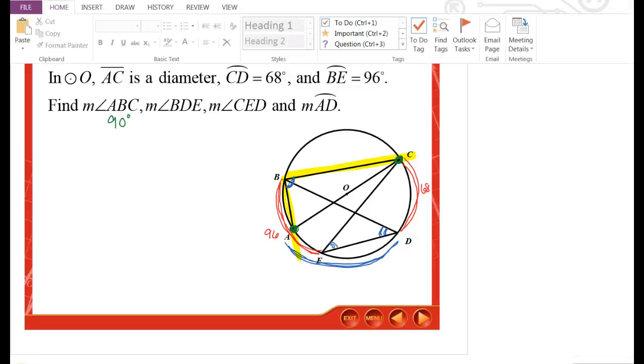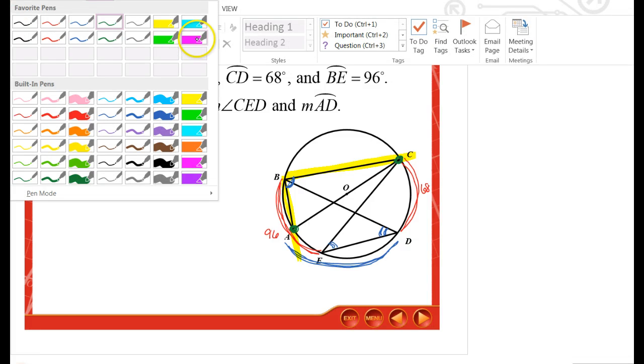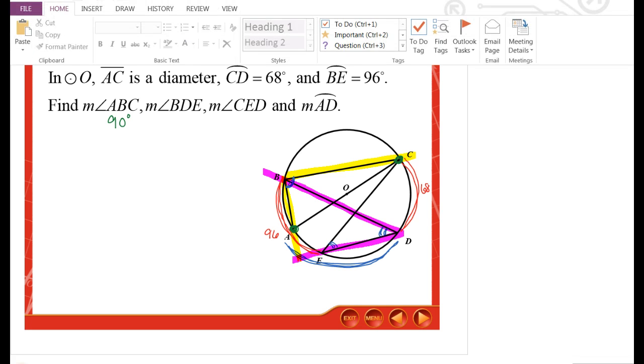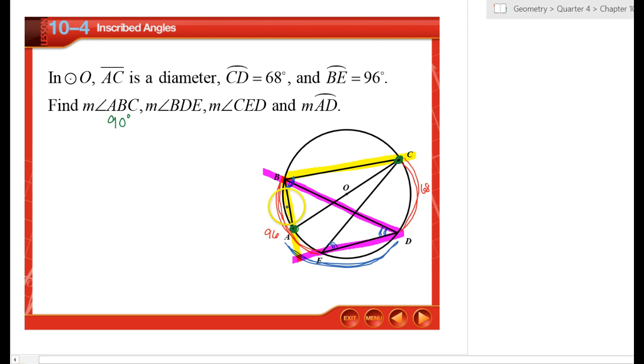Let's look at angle BDE. Angle BDE. Well, that intersects my 96-degree arc.